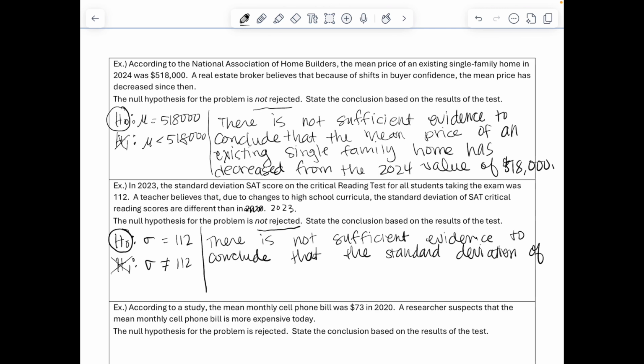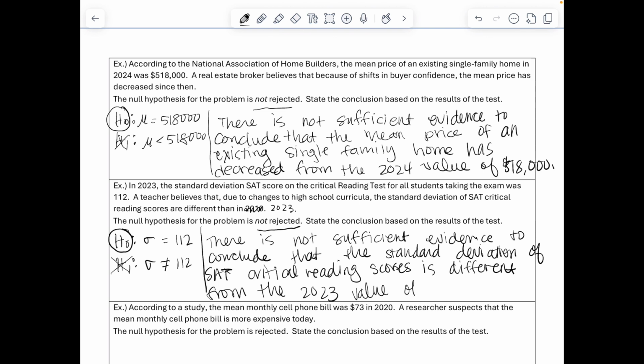So the standard deviation of SAT critical reading scores is different from the 2023 value of 112.